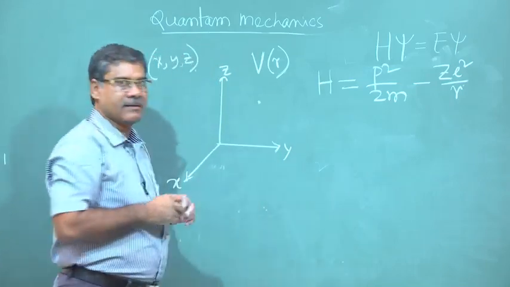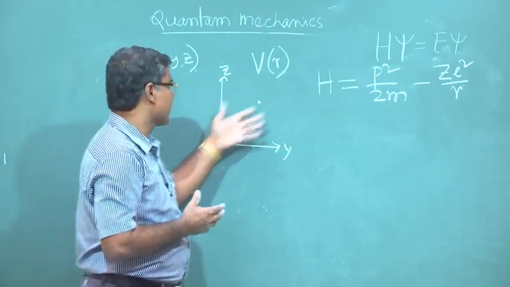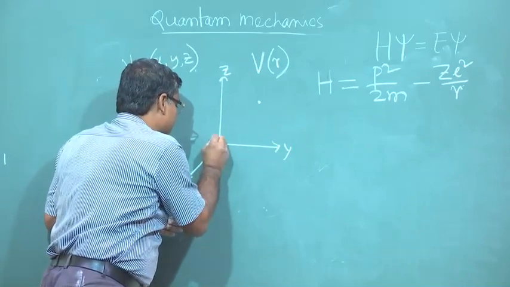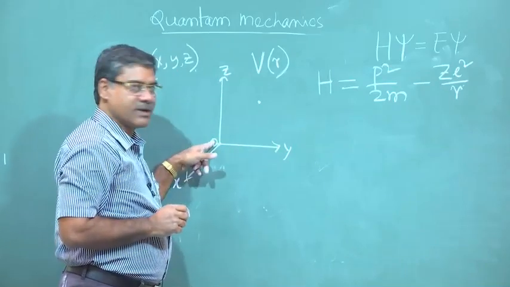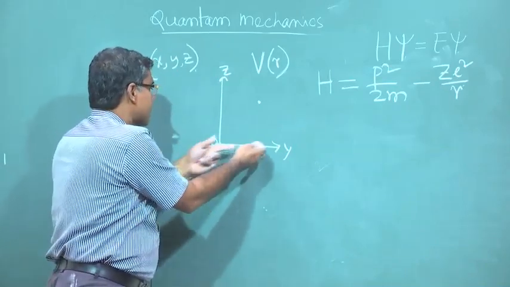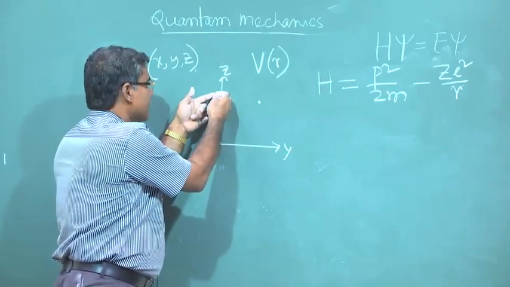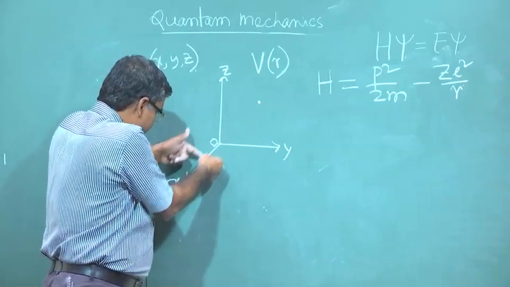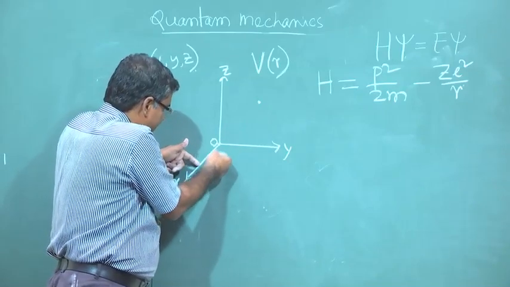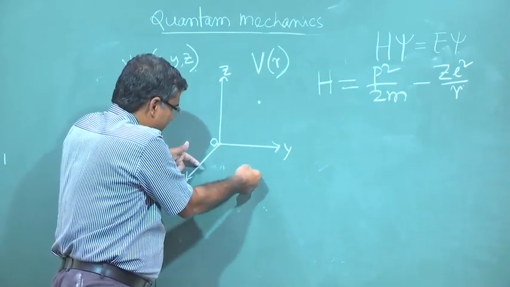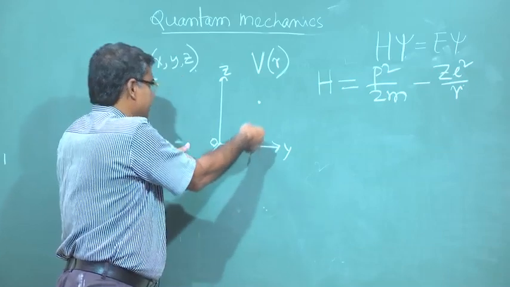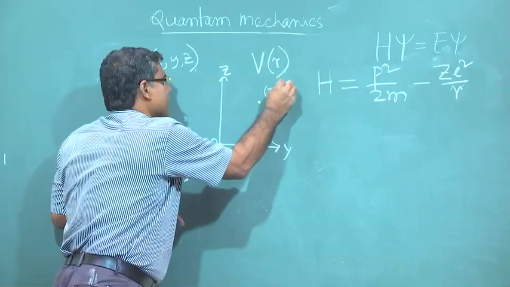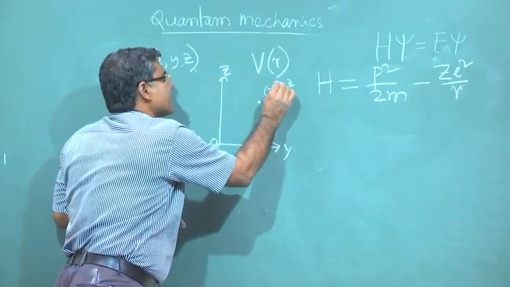In space we need three coordinates. We choose the origin, and then x amount along the x direction, y amount along the y direction, and z amount along the z direction.